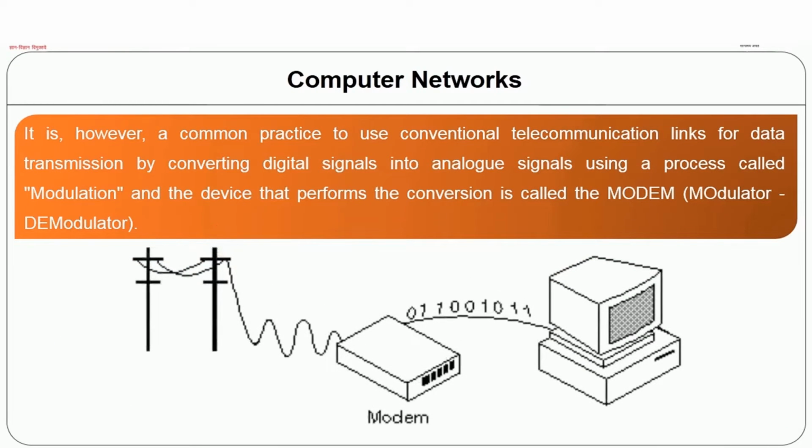However, it is common practice to use conventional telecommunication links for data transmission by converting digital signals into analog signals using a process called modulation, and the device that performs the conversion is called the modem, that is modulator and demodulator.